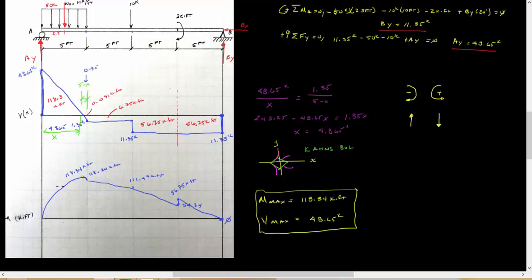Just because if you ask for the moment, say 2 feet away, and I wanted the bending moment, we would need to come up with our equation. It's going to be some kind of quadratic equation there in order to solve for that bending moment. We could easily solve for it here using similar triangles again and solving for our shear.